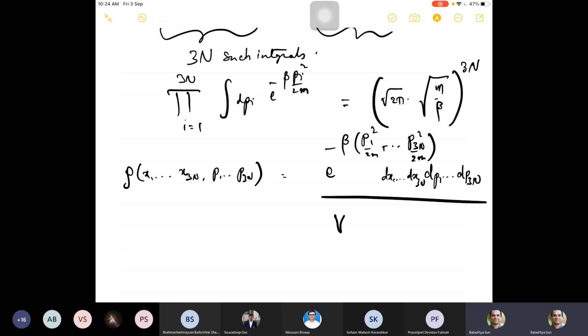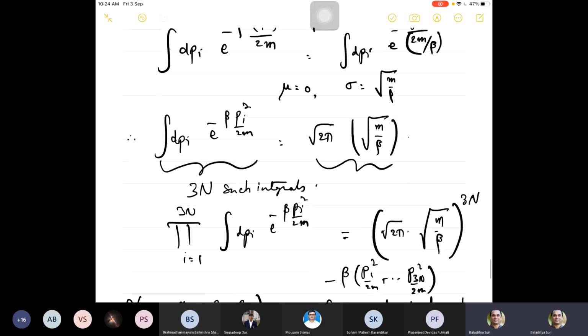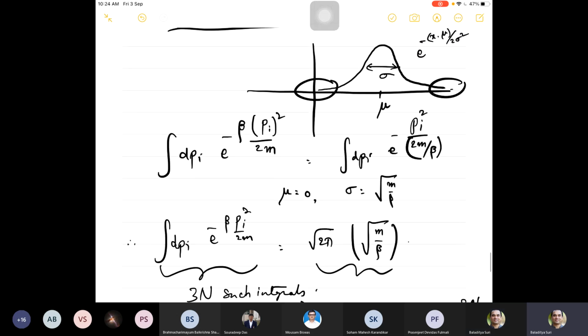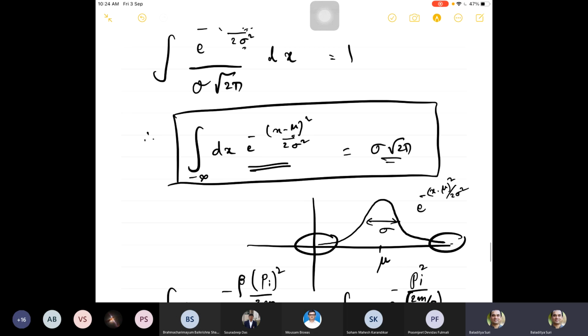So we have V to the power N times square root of 2 pi square root of m by beta, to the power 3N. Any questions on this? Sorry, I should have specified the limits. This limit is from minus infinity to infinity.